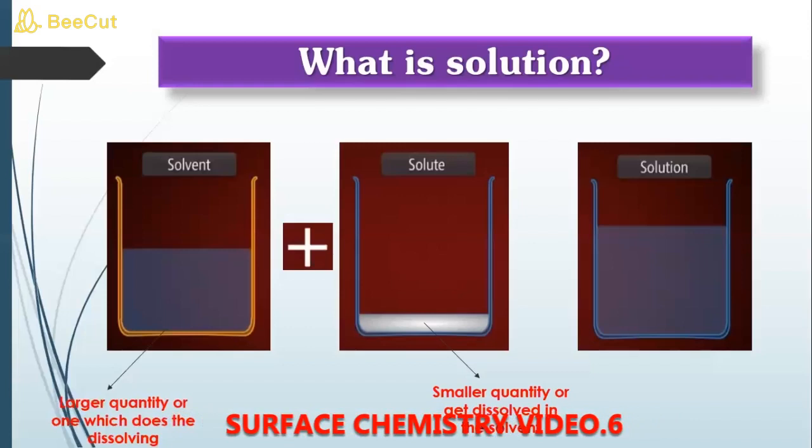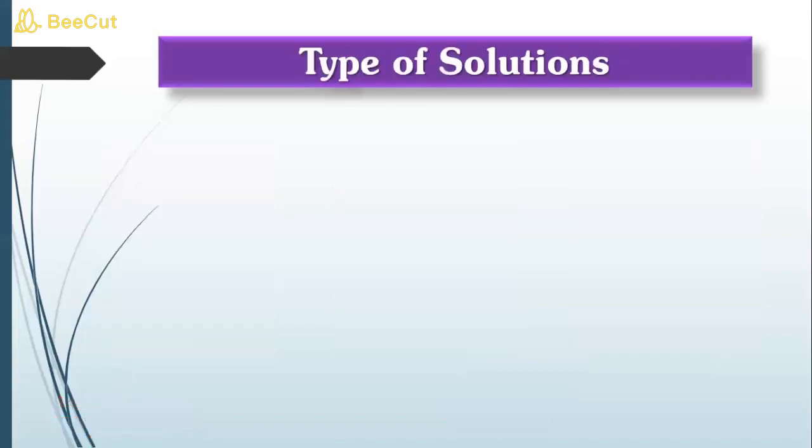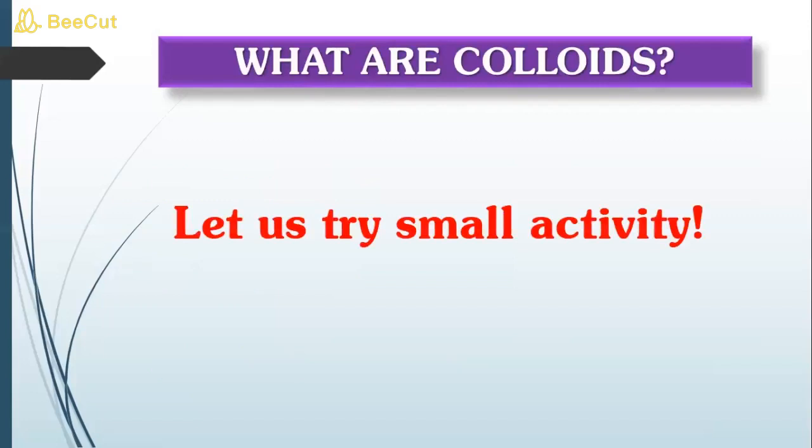And when you mix these two, what you end up with is called a solution. For the purpose of this topic, solutions are further classified into 3 types: true solution, suspension, and colloids. Now, let us try a small activity to understand what true solution, colloids, and suspension are.